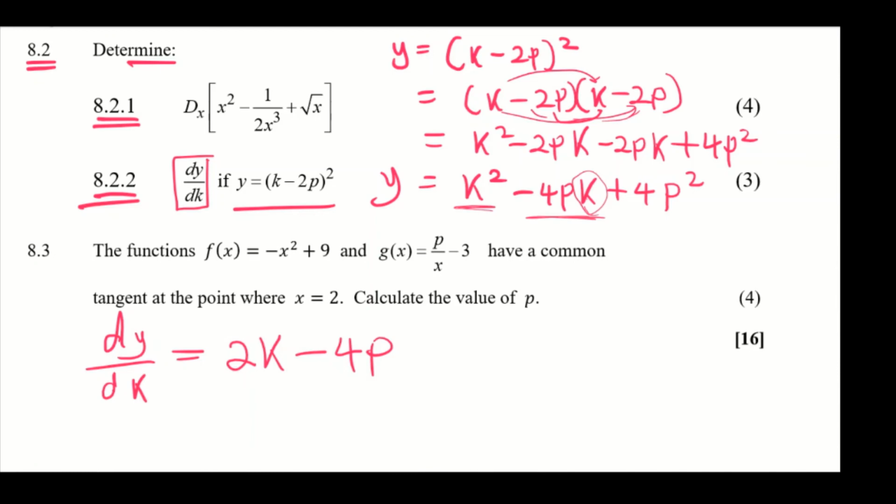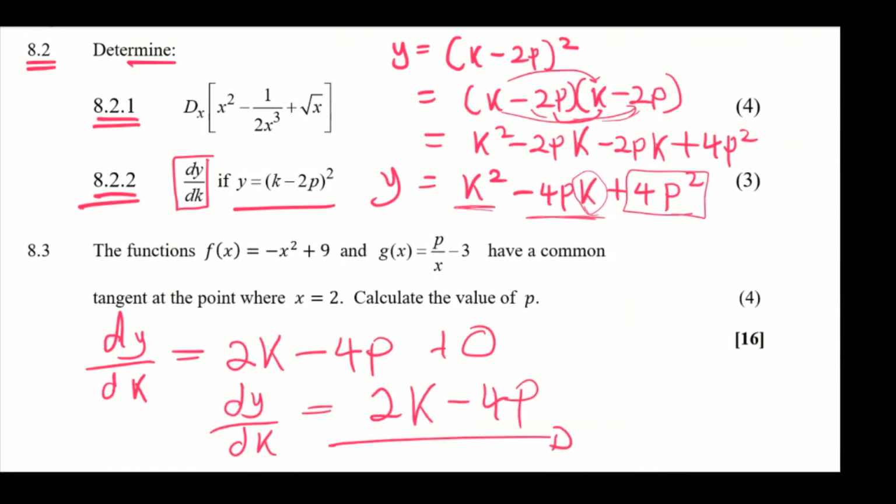Then this one here is going to be 0, so it's just going to be plus 0. So dy over dk is equal to 2k minus 4p. So this is the solution for this problem here.